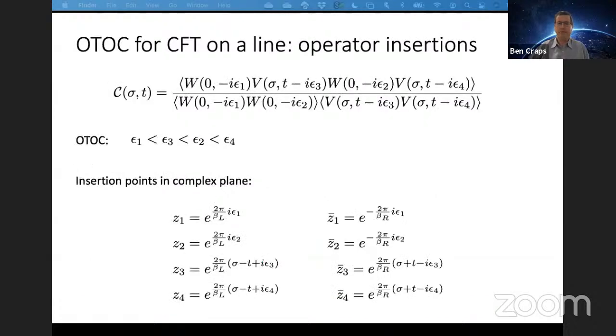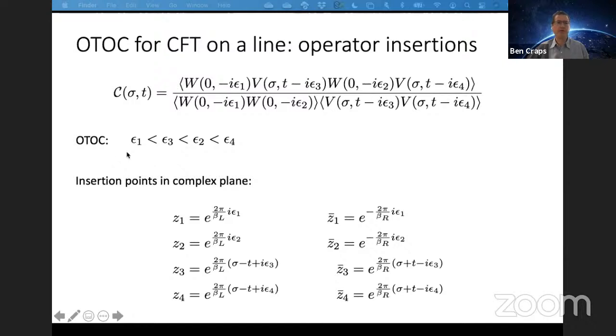So in formulas, first you set the Lorentzian time to 0. You introduce these Euclidean time shifts. And for the OTOC, basically the ordering of the operators is determined by the ordering of the Euclidean time shifts.